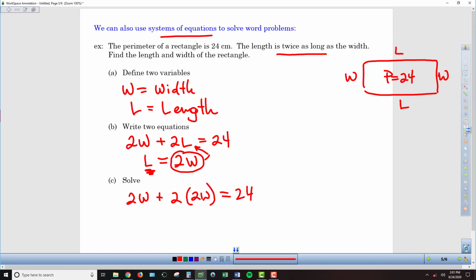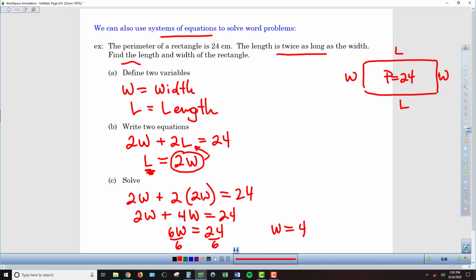So now we've got 2W plus 2 times 2W is 4W equals 24. So that's 6W equals 24. So then we can divide both sides by 6. And so we get W equals 4.